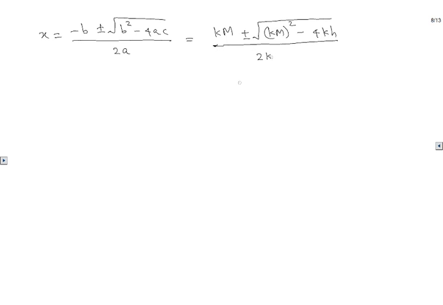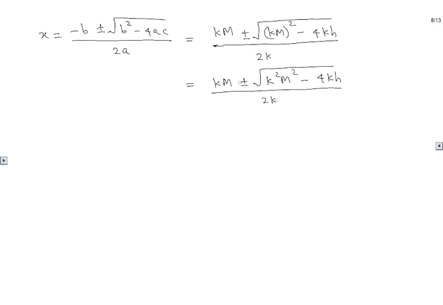If you simplify this a little bit, you get km plus or minus the square root of k squared m squared minus 4kh, over 2k. Now we can divide the top and bottom by k, because k is a common term.